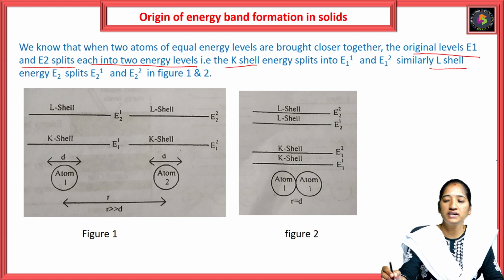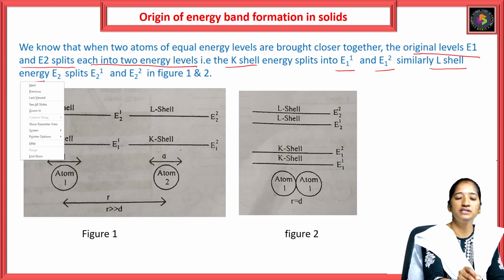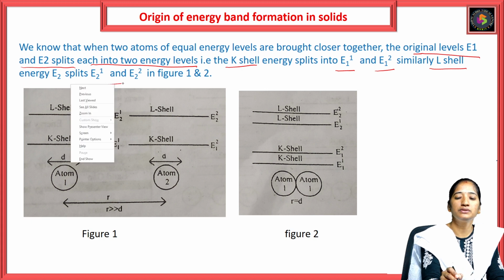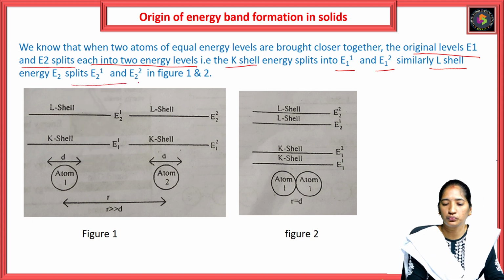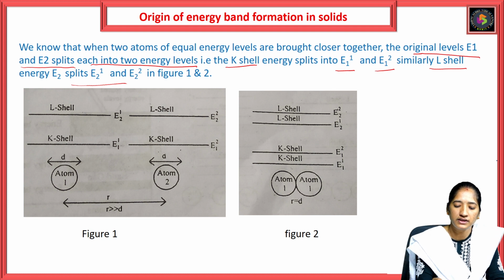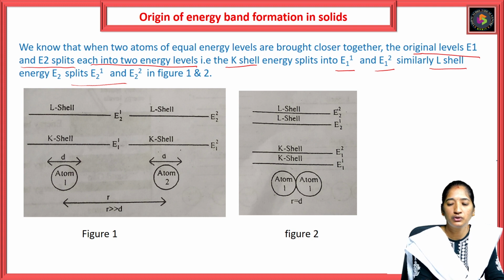If you consider the K shell, the energy E1 is split into E11 and E12. Similarly, for the L shell, the energy E2 is split into E21 and E22. Let us consider two atoms here. Each atom has two shells, K shell and L shell.